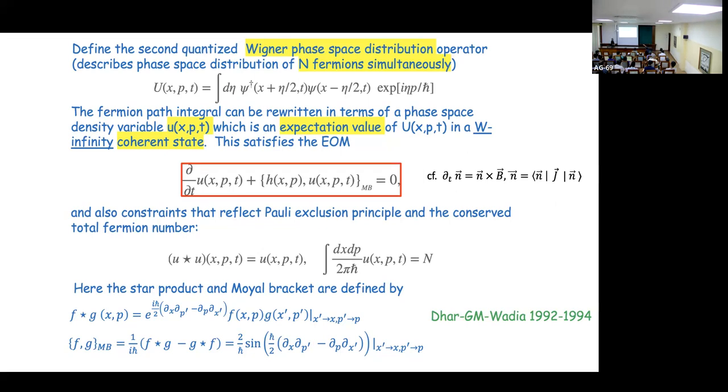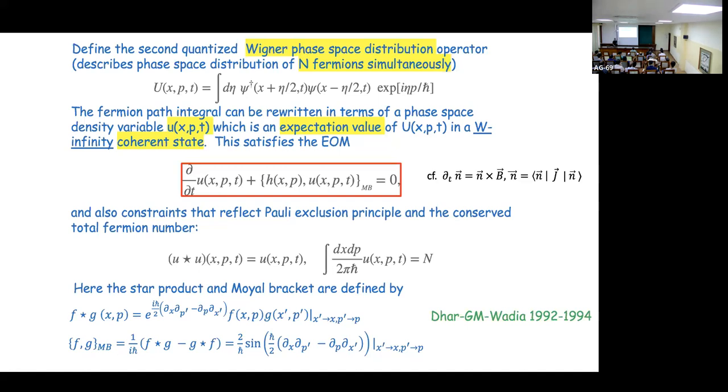In Goldstein, there's an equation like that for single particle probability distribution, except that the right hand side is Poisson bracket. The difference, that it's not Poisson bracket but Moyal, is because of the exclusion, because you can't put two guys on top of each other. The difference is actually because of single particle quantum effects.